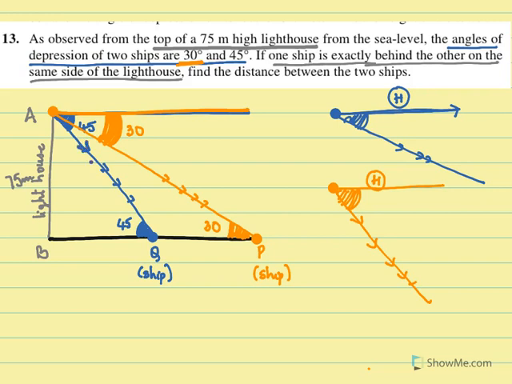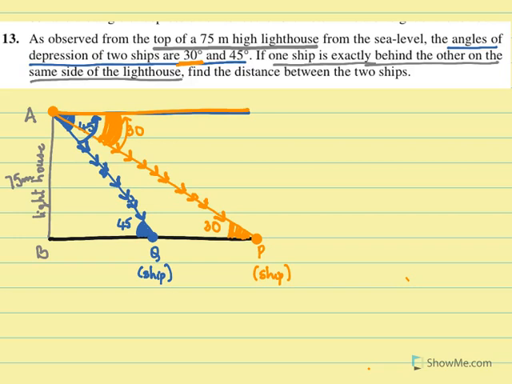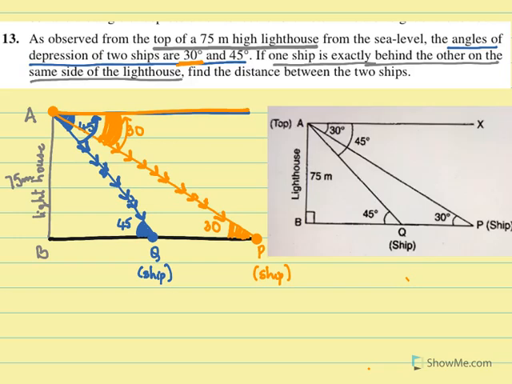I first looked at this ship here. From the same point, I drew the angle of depression. Then I looked at the other ship, which was just behind this ship, and we got our angle of depression. Here was one angle, line of sight with the horizontal, and here also line of sight with the horizontal. So here's the neater figure.